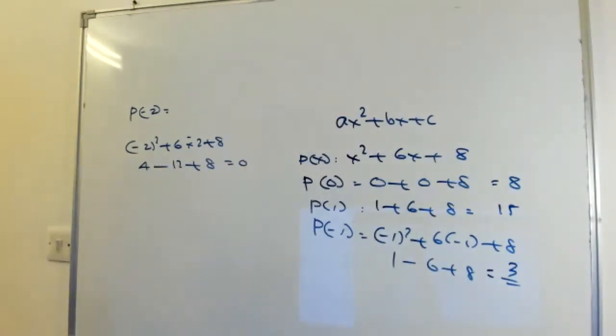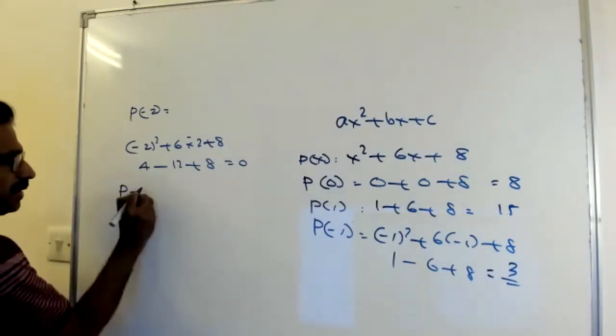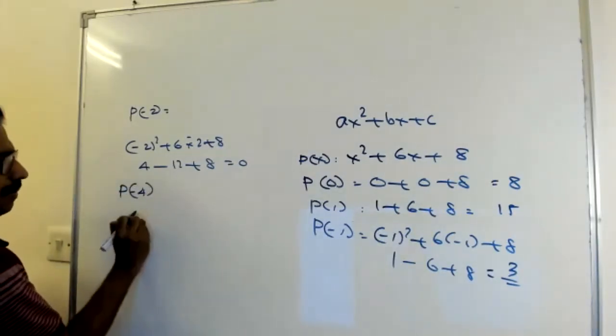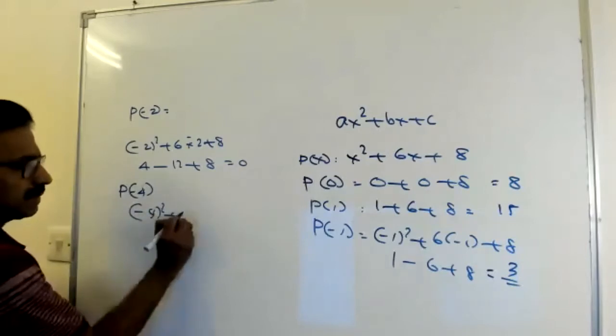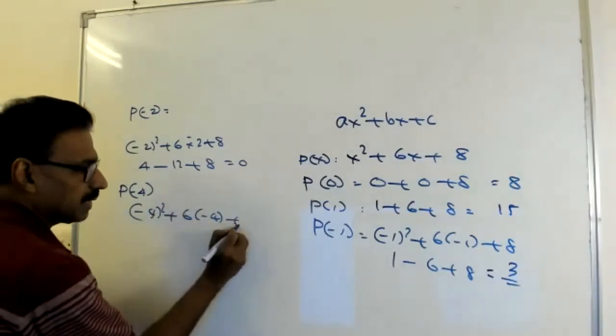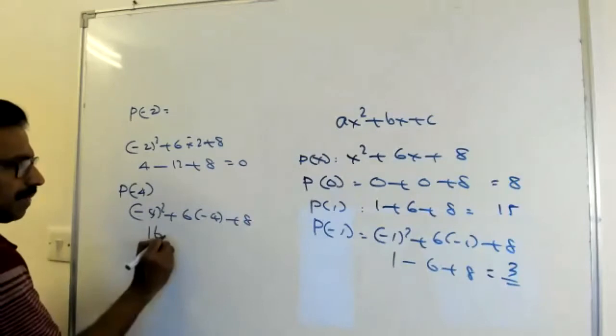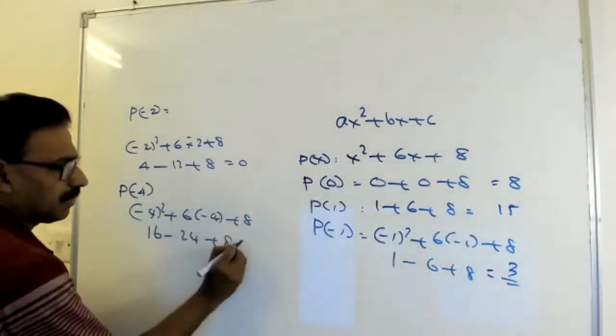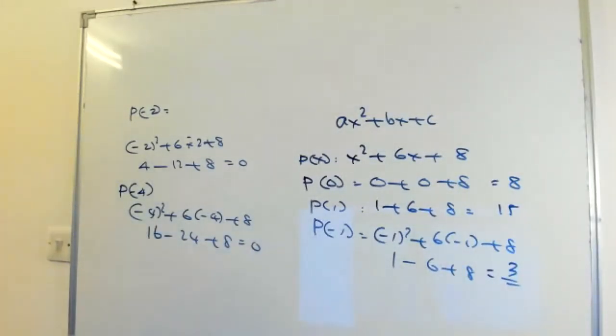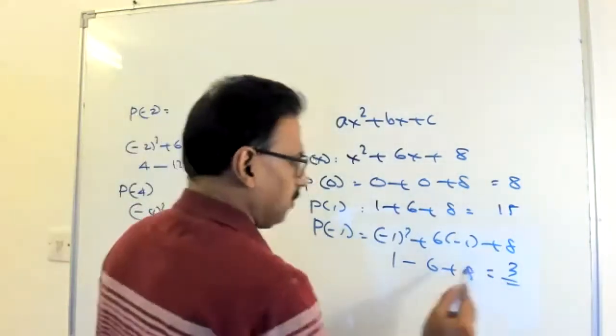Okay. Then I substitute P of -4. What happened? -4 square plus 6 into -4 plus 8. So 16 minus 24 plus 8 equal to 0. Okay. Look at here now. These two values, look.